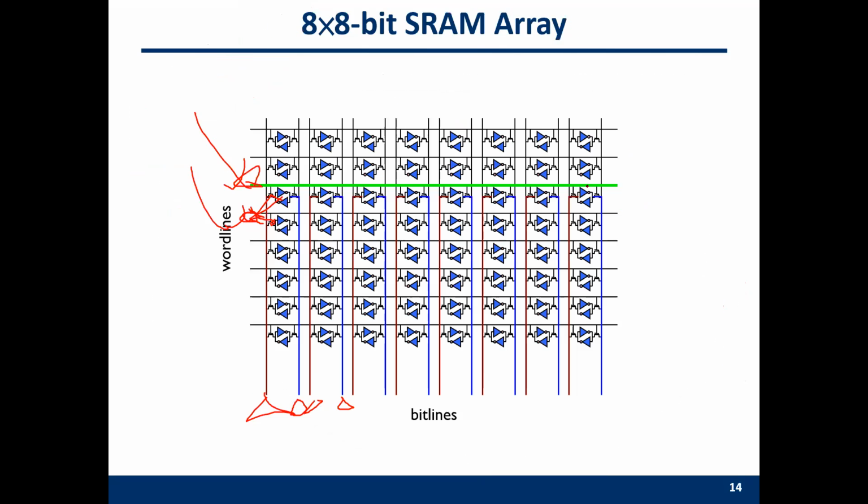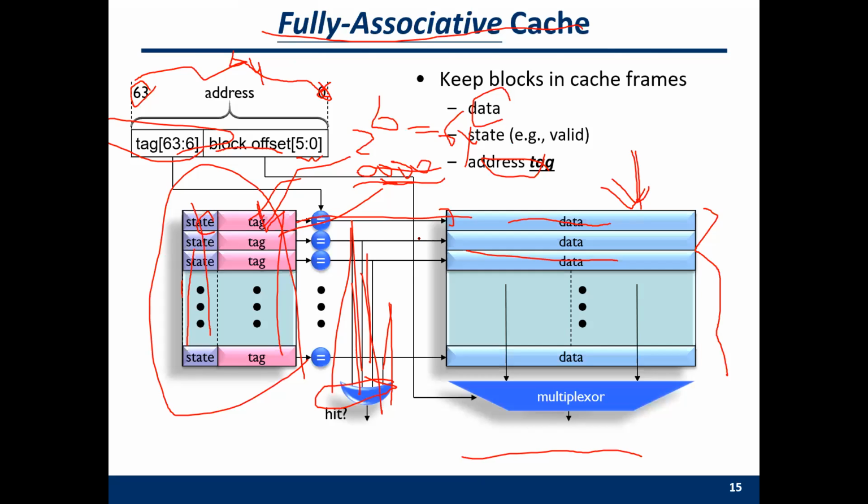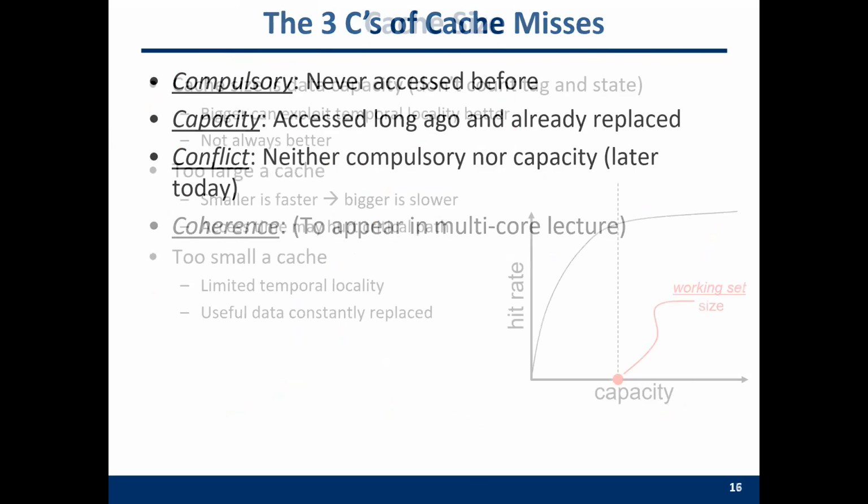For the fully associative cache, each line can store any address. The cache hit rate is high because we can fully utilize the cache. But during each lookup, we need to compare a lot of tags here. The cache access latency is long.